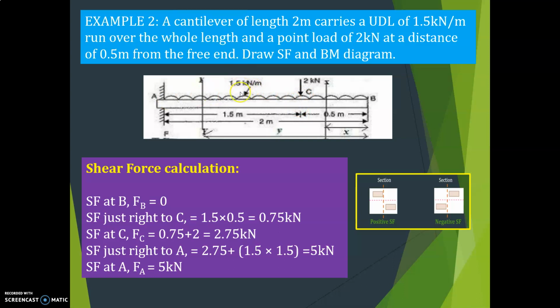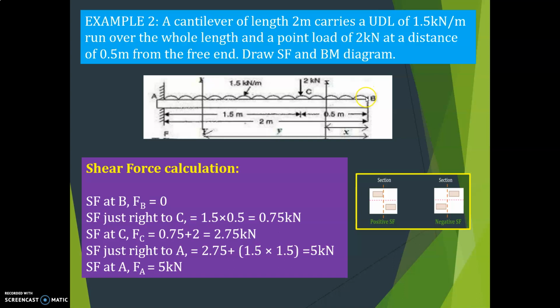So 1.5 into 1.5. Okay, so that is, when you add that, you get 5 kilonewton. Why this is 1.5 into 1.5? This is UDL, you have to convert into point load, so that is 1.5 into 1.5. So you get 5 kilonewton. So shear force just right to A is 5 kilonewton. So shear force at A also equal to 5 kilonewton.